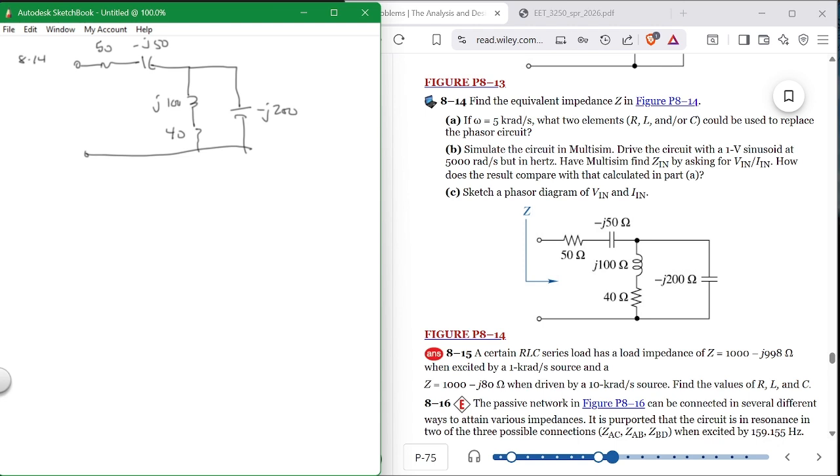Oh shoot, I did it wrong. One button is all it takes to mess this up. So anyway, go back and do it again.